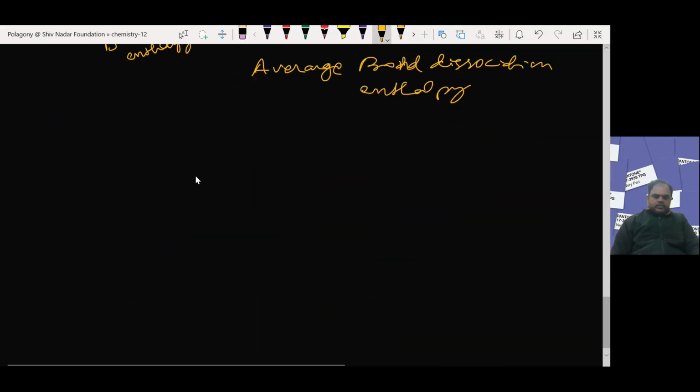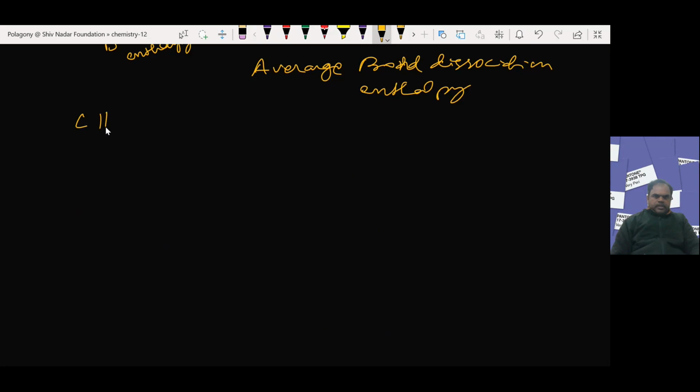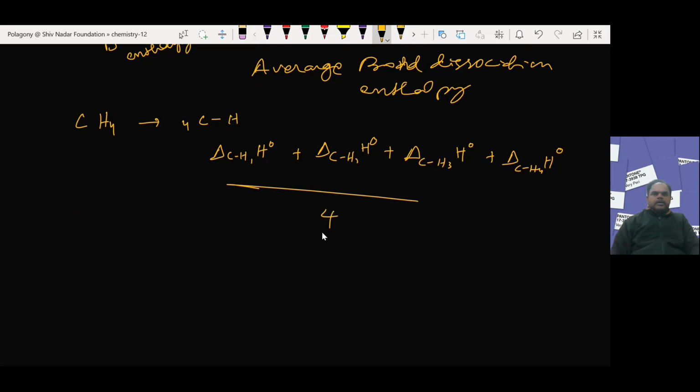Let me write this clearly. For example, in methane, how many CH bonds are present? 4 CH bonds are present. So delta CH bond 1, plus delta CH bond 2, plus delta CH bond 3, plus delta CH bond 4, divided by the number of bonds, 4.